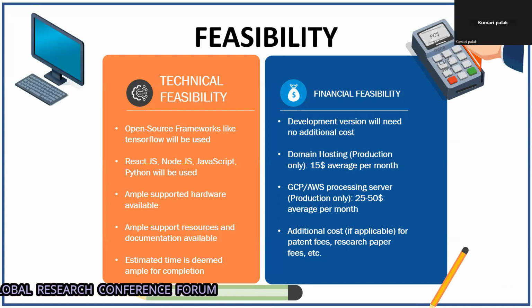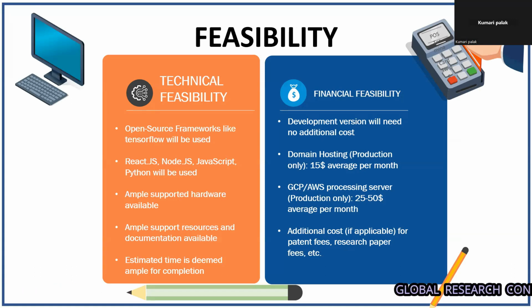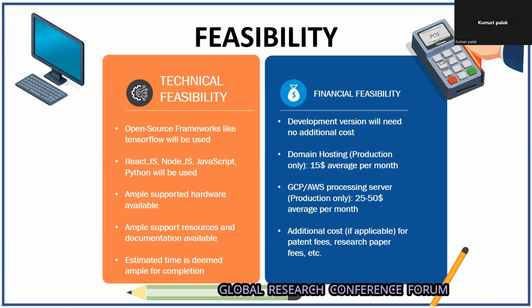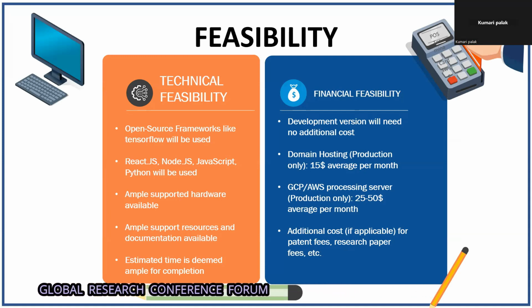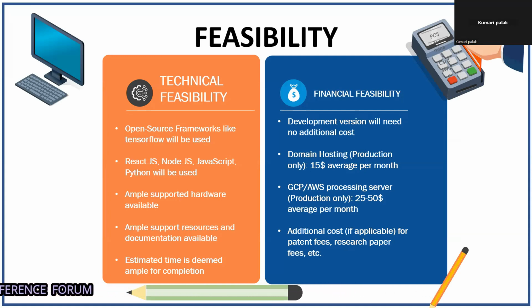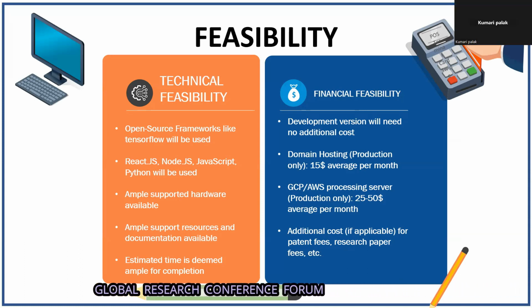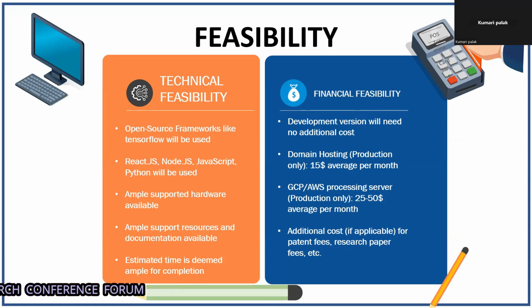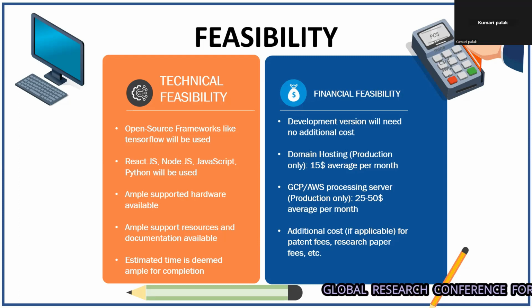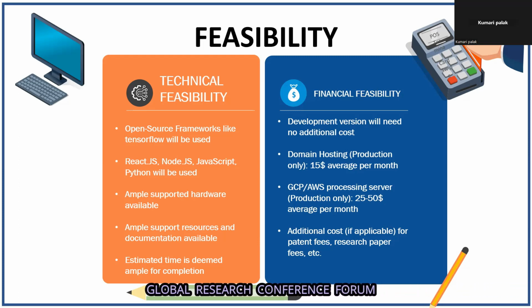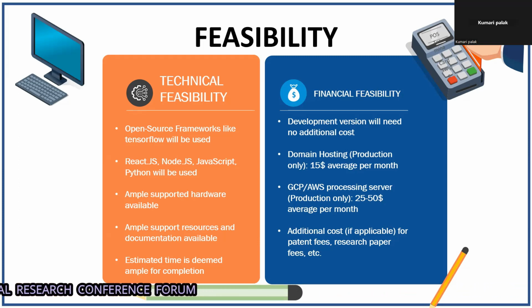Yes, as we'll be using open source frameworks like TensorFlow for building our software, it will make our system more reliable. For the application, we'll rely on the MERN stack and Python, as we are more familiar and comfortable performing tasks with that. For technical feasibility, all these technologies are feasible on all laptops and software, so it is highly feasible and scalable too.